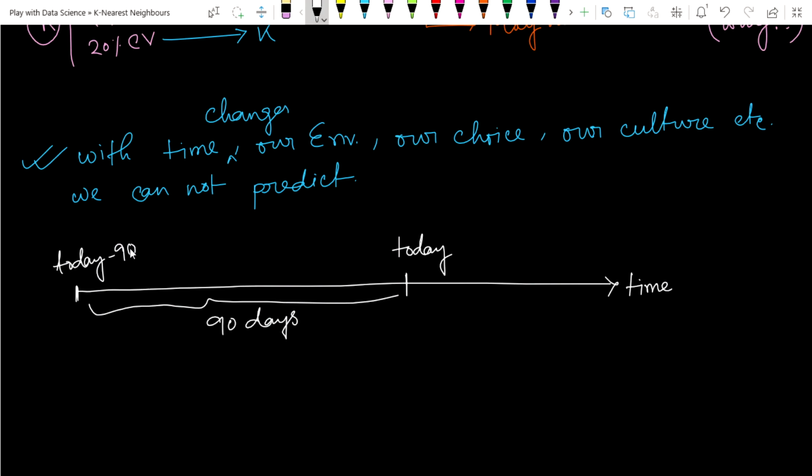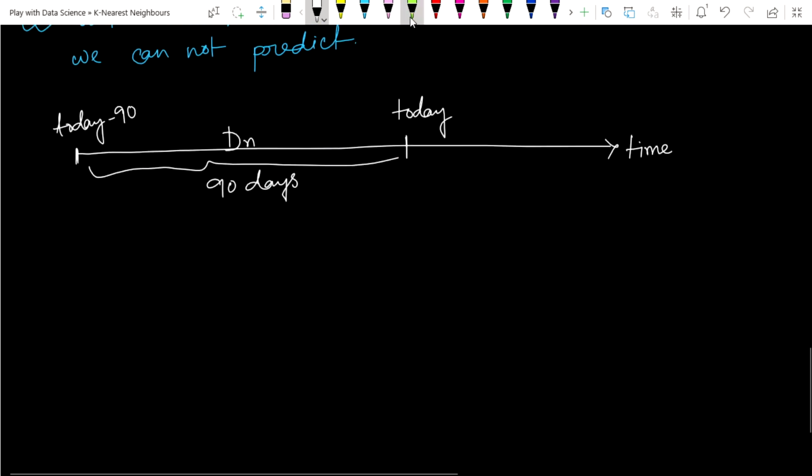We have collected data D_n from those 90 days, and we divide it randomly into training data, test data, and cross validation data, 60% for training.